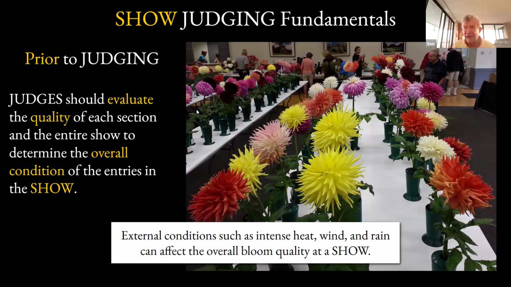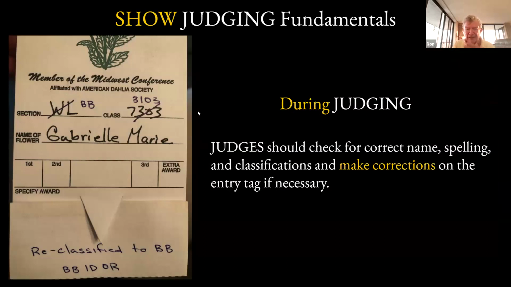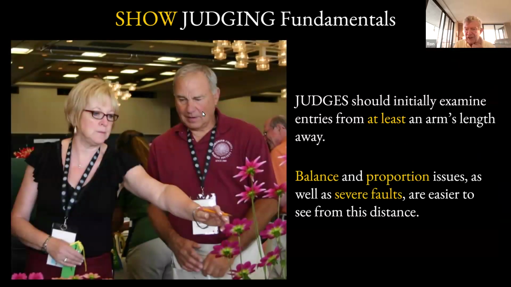So you just need to have in the back of your mind the nature of the section that you're going to be judging. If you see something that's in the wrong place, you need to make corrections on the entry tag if necessary. And you need to start at arm's length, or maybe even further back.